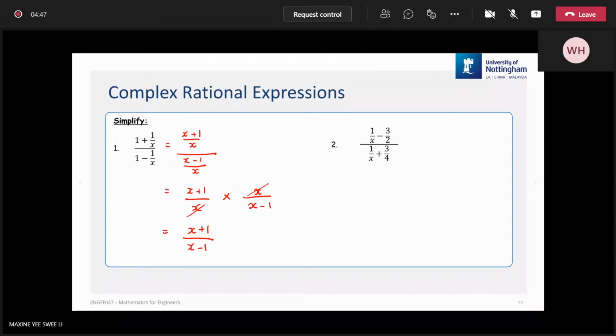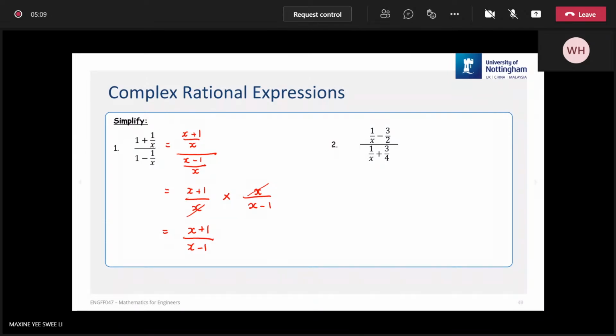Now, whenever we are dealing with rational expressions, we need to be careful about the set of real numbers for this expression. In the denominator, we cannot have a 0. So what are the excluded values for x in this particular case?